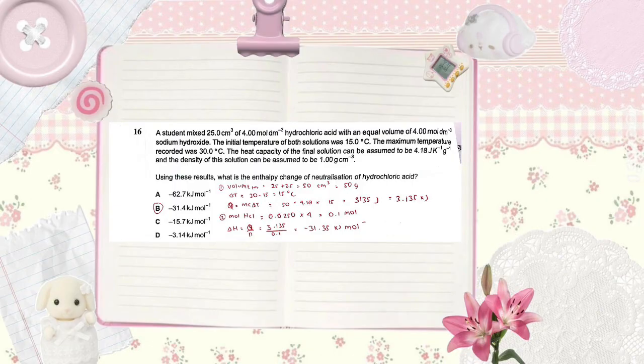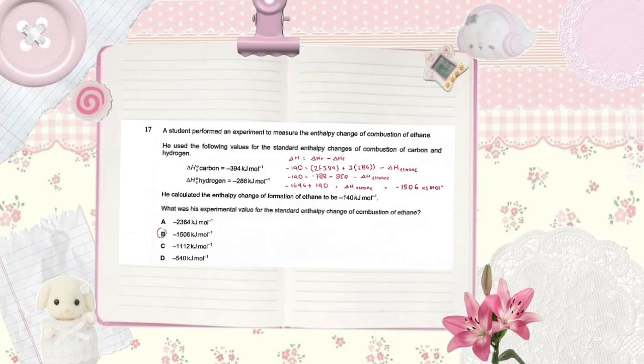So the enthalpy change is Q per n, which equals minus 3.135 per 0.1, equals minus 31.35 kJ mol^-1. Next, to find the enthalpy change of this question, the enthalpy change equals enthalpy change of products minus enthalpy change of reactants.